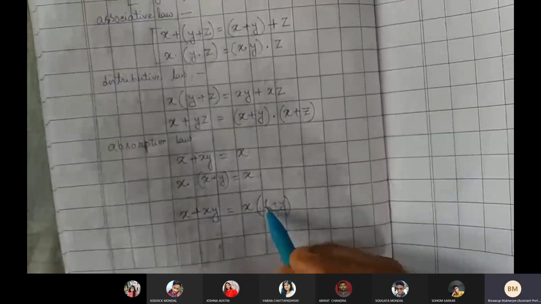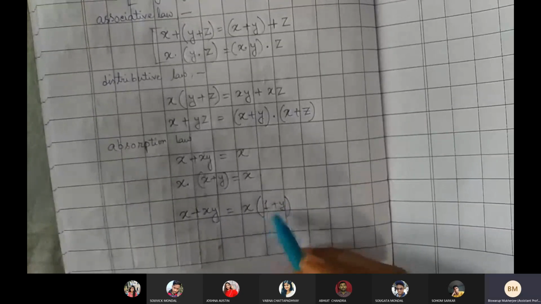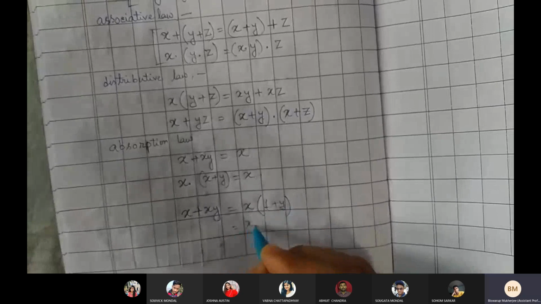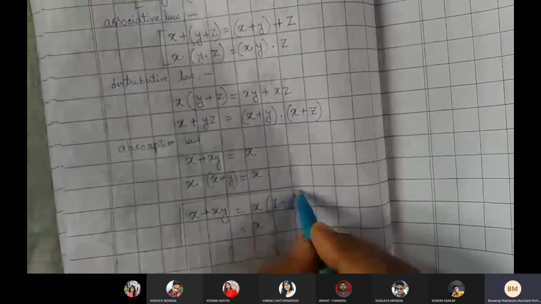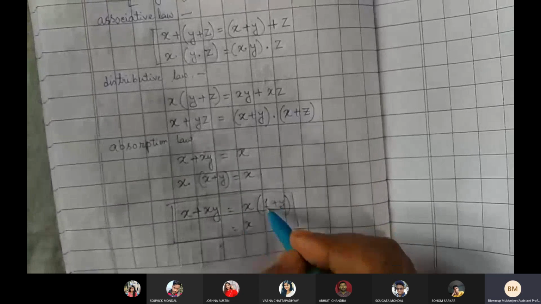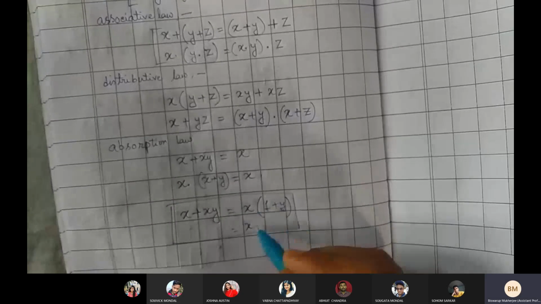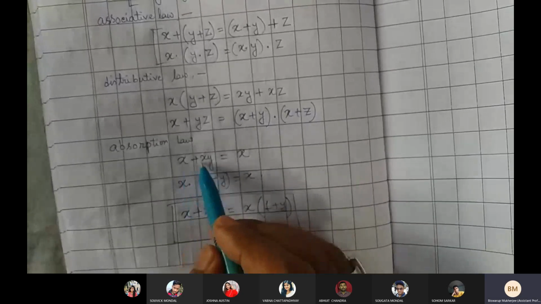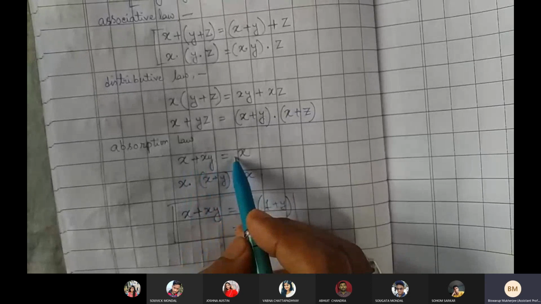As we know 1 plus y is equal to 1, so that is equal to x, right? So this is the proof. 1 plus y is nothing but equal to 1, so x dot 1 would be equal to x, so that is why x plus xy equal to x.